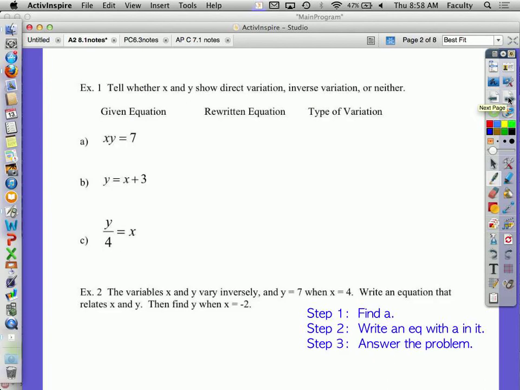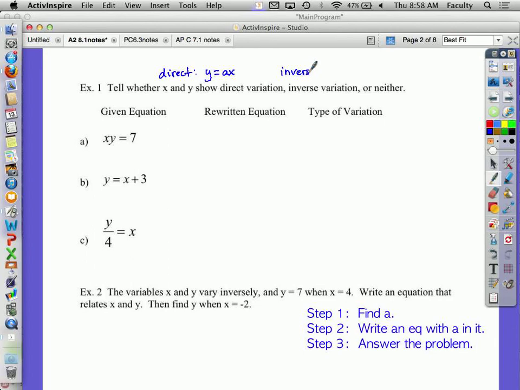Okay, so in example 1, it says, tell whether x and y show direct variation, inverse variation, or neither. So here's what I need you to remember. Direct variation is y equals a times x, and that's what you reviewed in your homework due today.